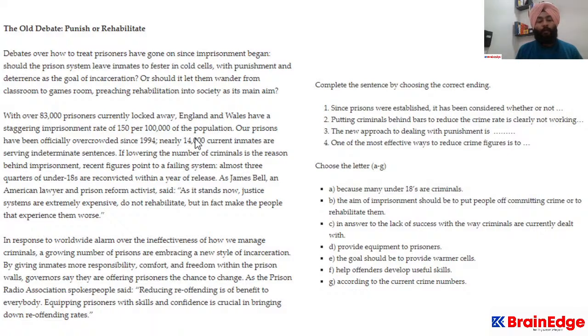Okay, so you might have paused the video and we are resuming. Let's see. It is about punishment, the old debate: punish or rehabilitate. Lots and lots of jails and prisons are using different techniques to tackle prisoners.